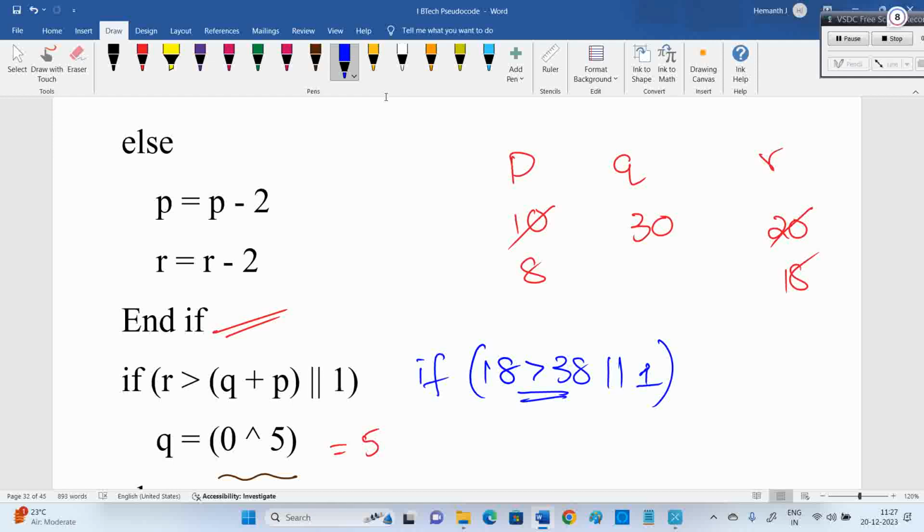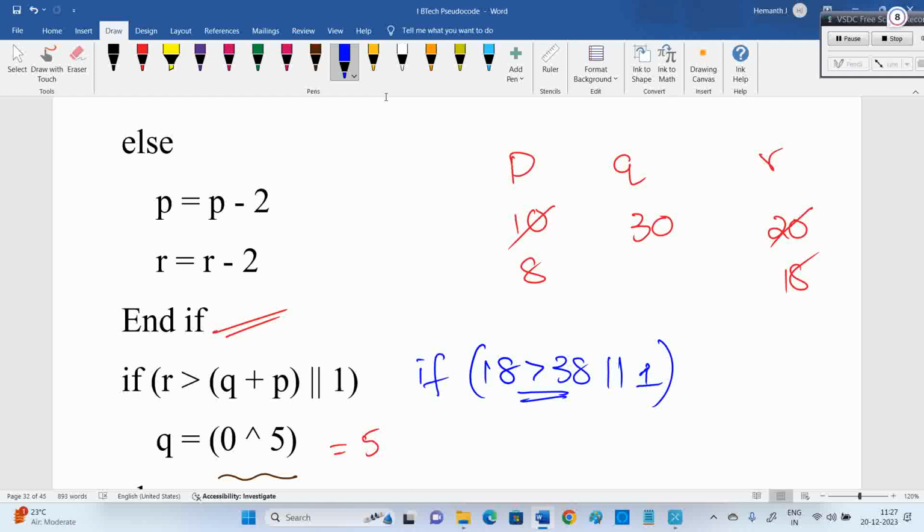If you failed in 10th, do you get an engineering seat? No. Anyone among them failed, you don't get an engineering seat. Both pass, then only you'll get engineering. That's the AND operator.